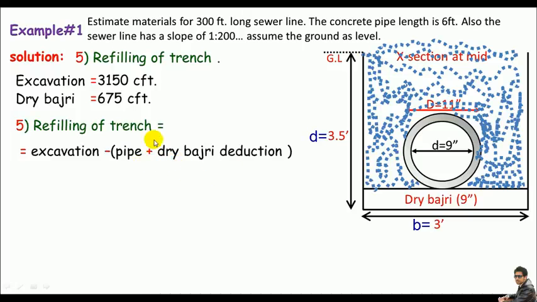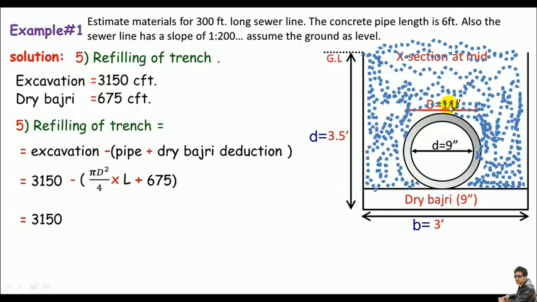Let's do some plug and chug. The excavation is 3150 minus the pipe volume. Remember the pipe is circular in section, so the cross-sectional area times the length will be the volume of the pipe, and the cross-sectional area will be the area of a circle, pi d square divided by 4, times the length, plus the dry brickwork, which is known as 675 CFT. For the diameter I'll take the external one, which is 11 inches.